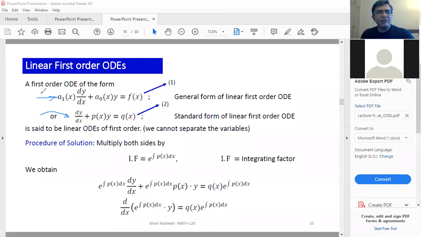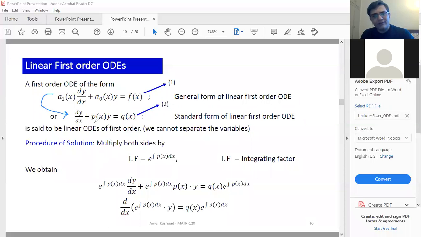We can always convert the general form into standard form by dividing the whole equation by this coefficient a1 of x. We can transform this general first order linear differential equation into this form. I have explained earlier how.